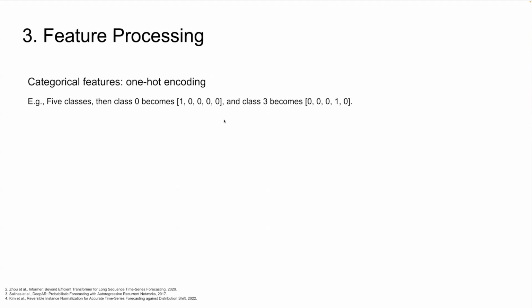So the overall idea is you just have a bunch of zeros, which is the same number as the number of classes that you have. And you put a number 1 at the place where the class number equals that index. So class 3 will be, you'll be putting a 1 at index 3.